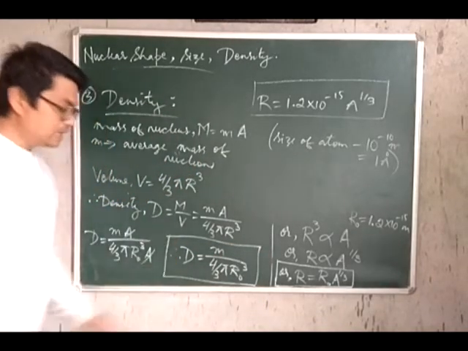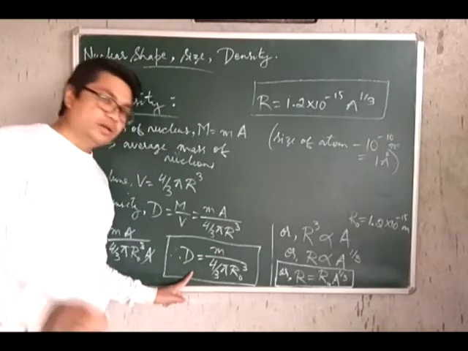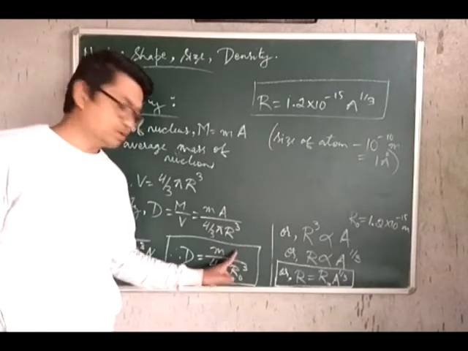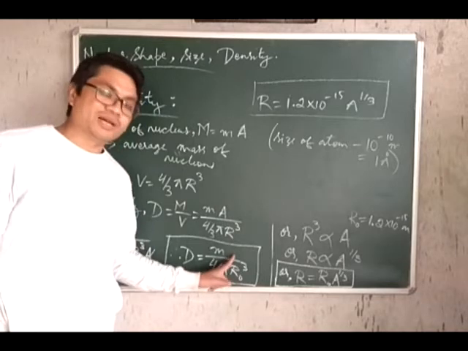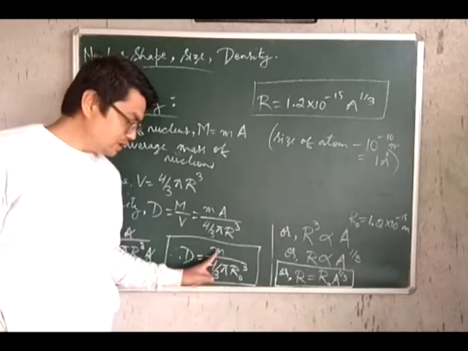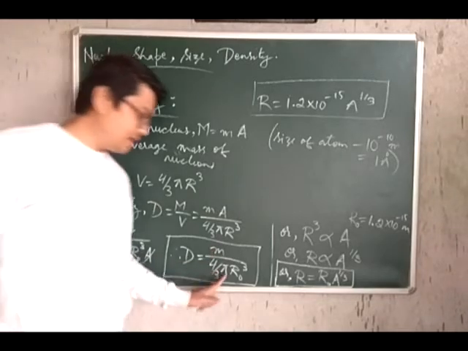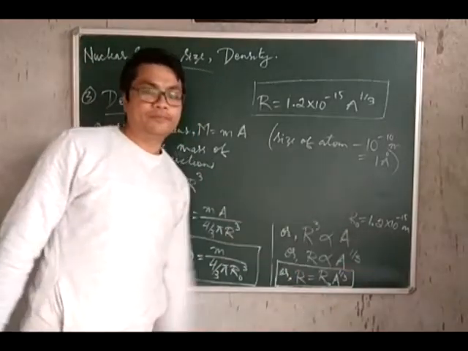So you can see that the density of the nucleus is independent of the mass number. We don't have a factor which is the mass number over here. So everything is a constant over here. Mass m, the mass of the nucleons, is a constant, pi is a constant, r naught is a constant.